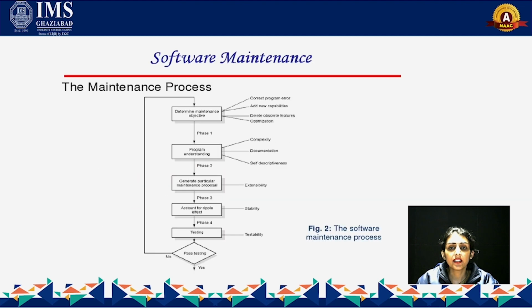Now, the maintenance process consists of 4 phases. First of all, we have to determine the objective of the maintenance that we are going to do. Either we have to correct some program error, or add some new capabilities, or delete some obsolete features, or do optimizations. Whenever a maintenance process has to be done, first of all, the objectives should be very clear in the mind of the maintenance team.